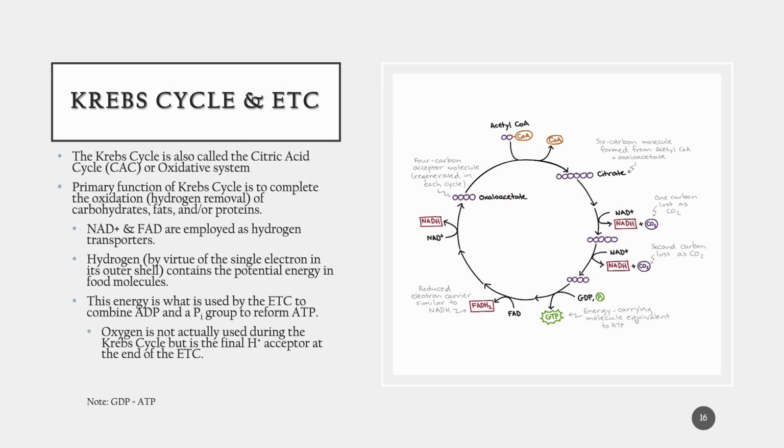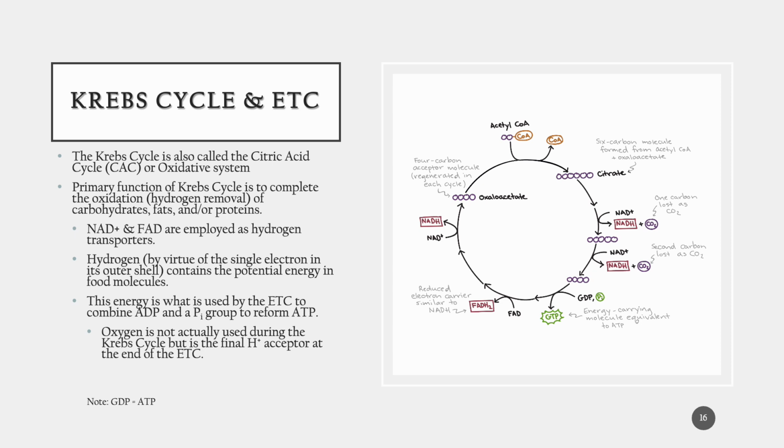The Krebs cycle is also called the citric acid or oxidative system, because oxygen is required. The primary function of the Krebs cycle is to complete the oxidation, hydrogen removal, of carbs, fats, and proteins. NAD and FAD, from our B vitamins, are employed as hydrogen transporters. So what's hydrogen really doing?